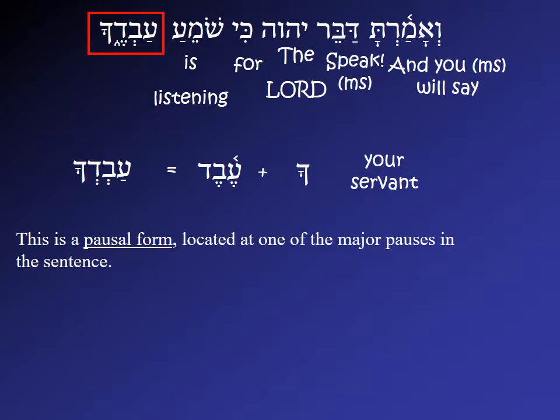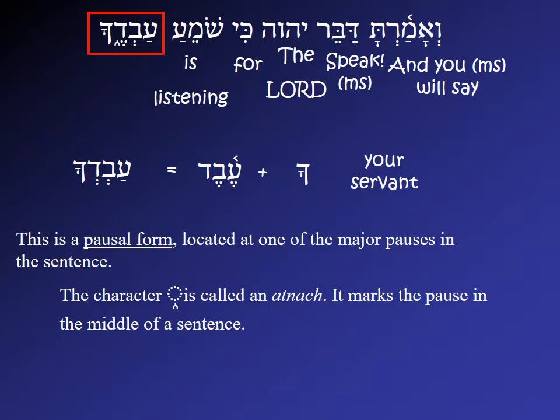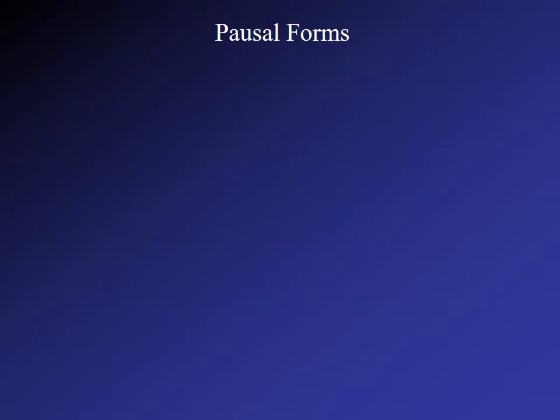Now, what we're looking at here is the pausal form. So the pausal form is located at one of the major pauses in the sentence. There are two major pauses, one in the center of the sentence, one at the end, and there may be other pauses in the sentence as well. The character that you see in avdecha is called an atnach. It marks the pause that's in the center of the sentence. This half verse that we see here has another half, which we don't have given to us.